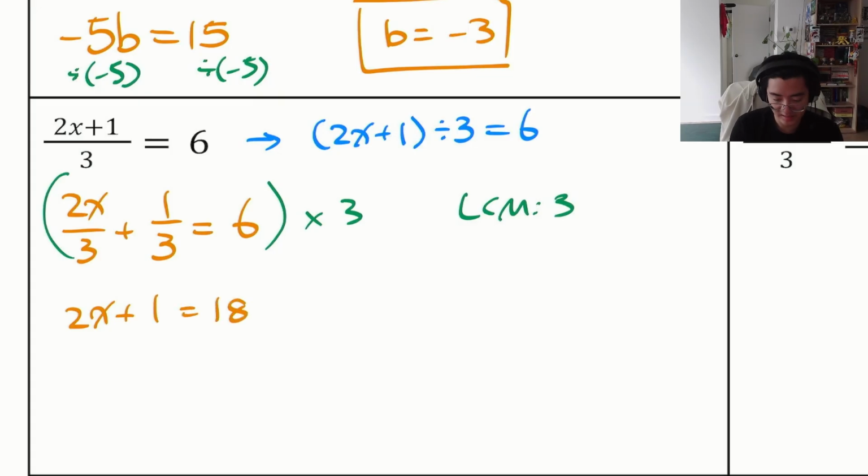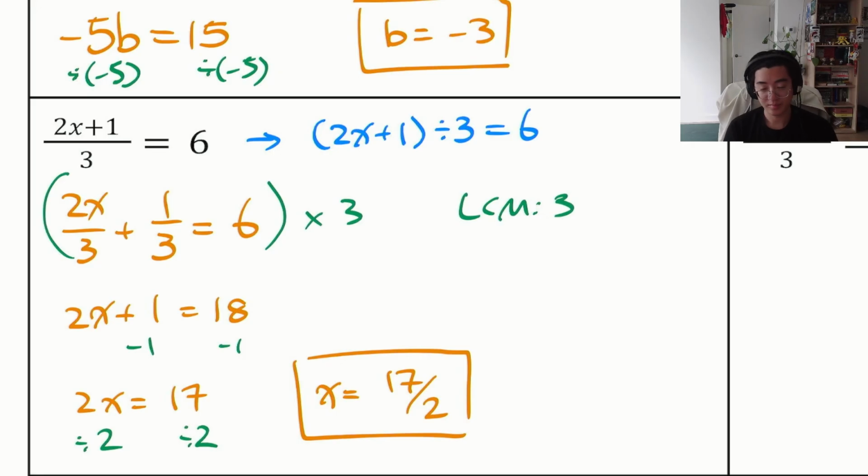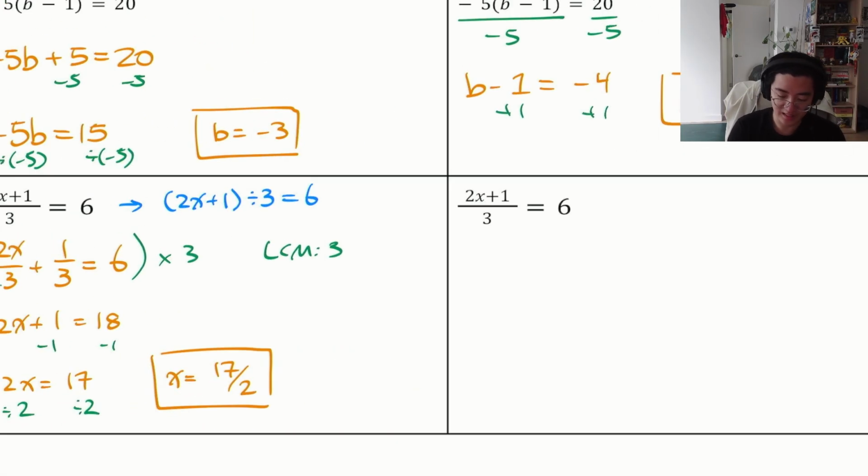Equals to 18. Subtract 1. Divide by 2. Okay, not divisible, so we'll just leave it like that. Alternatively, you can just skip all those steps and just multiply everything by 3 to begin with.